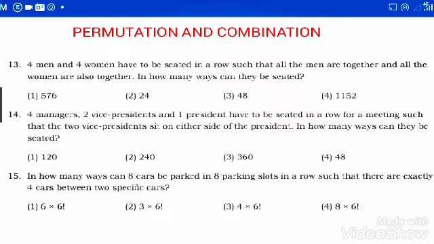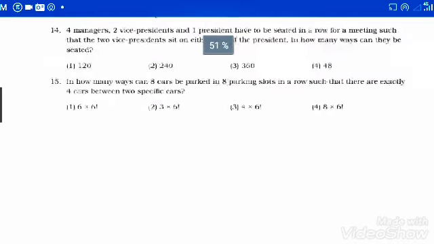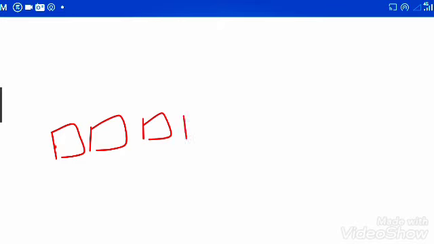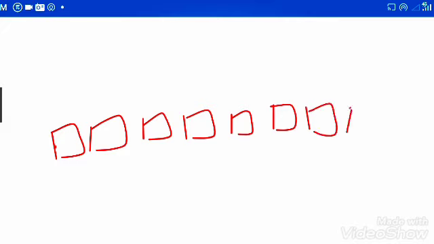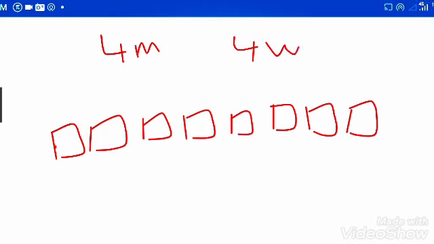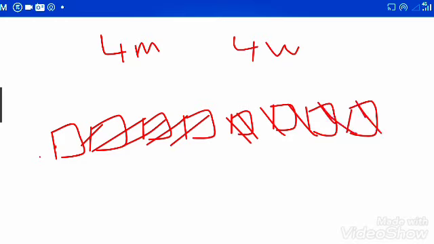Alright, so let's look at this question. Now we have 8 slots: 1, 2, 3, 4, 5, 6, 7, 8. We have 4 men and 4 women, and they must all sit together. So let's say 1, 2, 3, 4 are men and the rest are women.